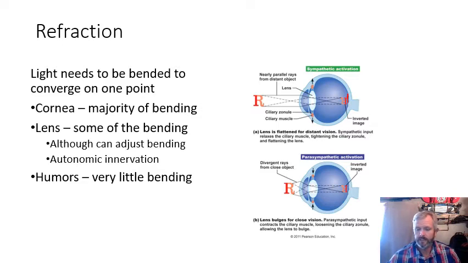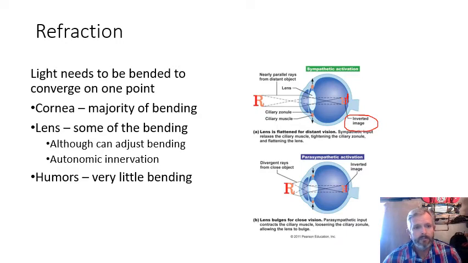And so we have to get it focused properly, and so we have to properly do what we call refract the light that's coming in. You can see here, it's coming in this direction. We've got to refract it, and you'll see when it gets refracted, the image is going to be inverted.